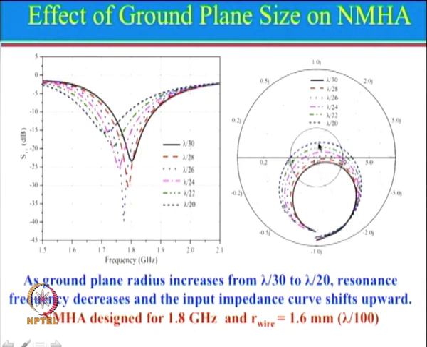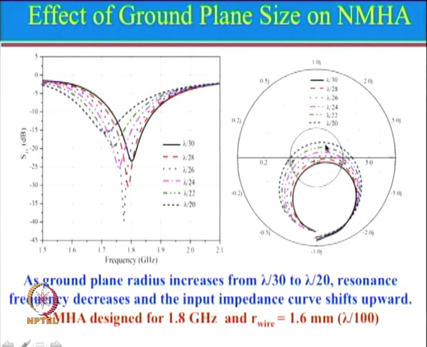Not only that, one can also see that the input impedance is also reducing. Again, if the ground plane size is increasing, my feeding point is shifting towards an in-between value where the impedance will be relatively smaller. So that is what it is.